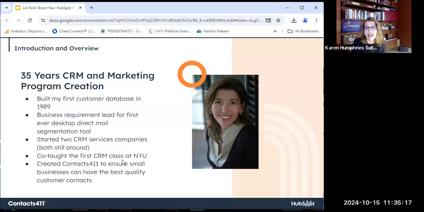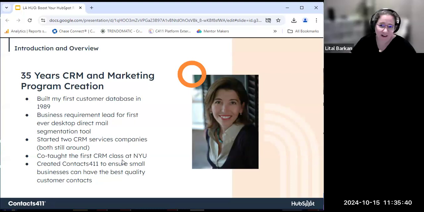I spent my first 10 years of consulting life, when I moved to a software company that was building the first desktop CRM tool. I helped build an actual direct mail segmentation tool. Why direct mail? Because email wasn't used in 1981 very much and nobody was emailing.